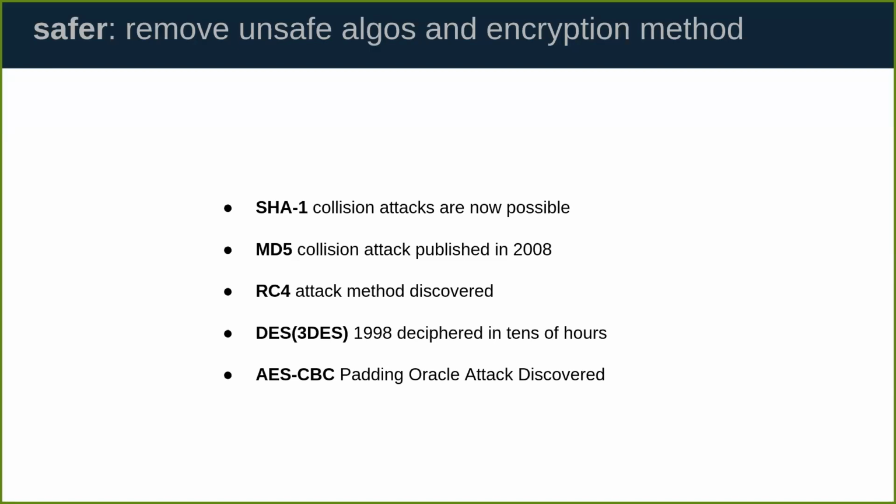DES and triple DES have been deciphered in tens of hours, and the security rating is much lower than other comparable symmetric cryptographic algorithms. And AES-CBC, just plain AES-CBC, has had padding oracle attacks discovered, making it also not a suitable measure for the open internet.